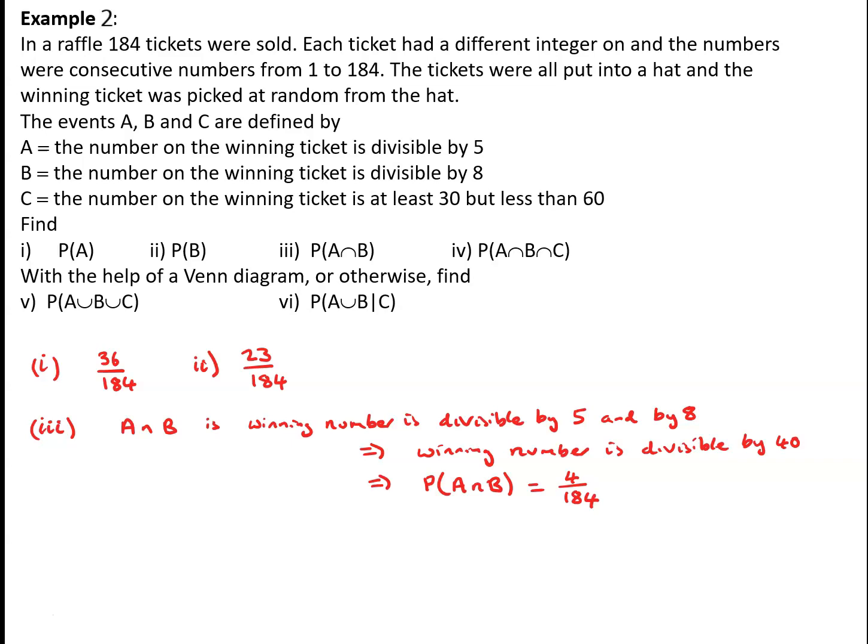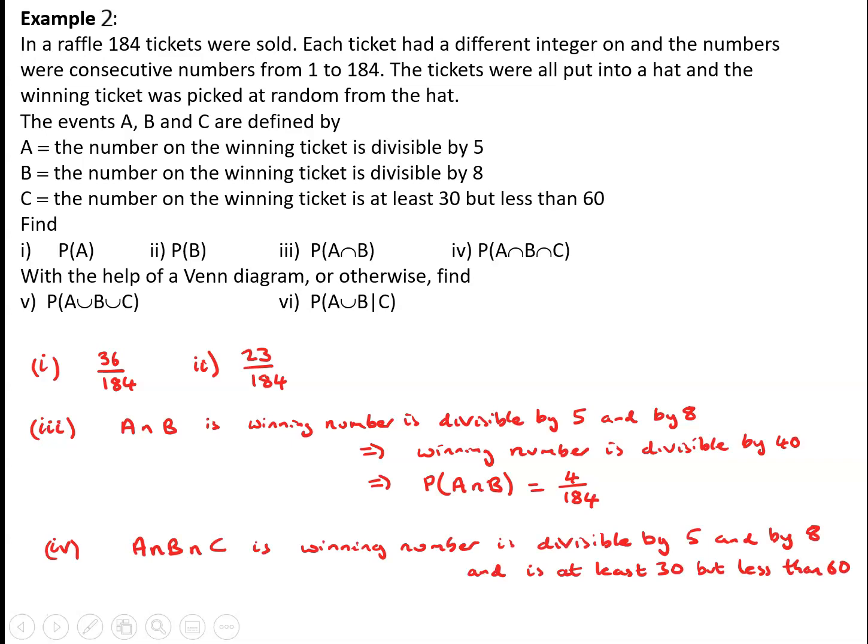So to satisfy A intersect B intersect C, we've got to have a number between 30 and 60 which is divisible by 40. And of course, there's only one such number. So the probability of A intersect B intersect C is just 1 in 184.